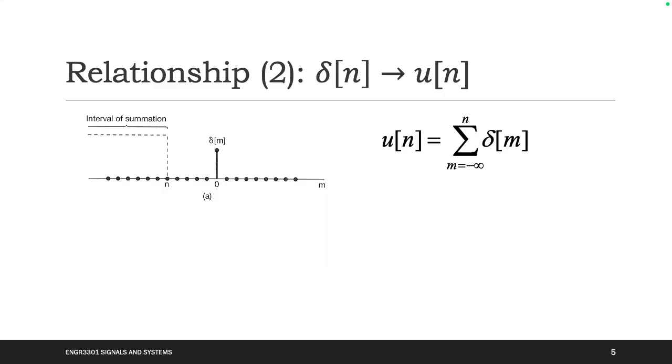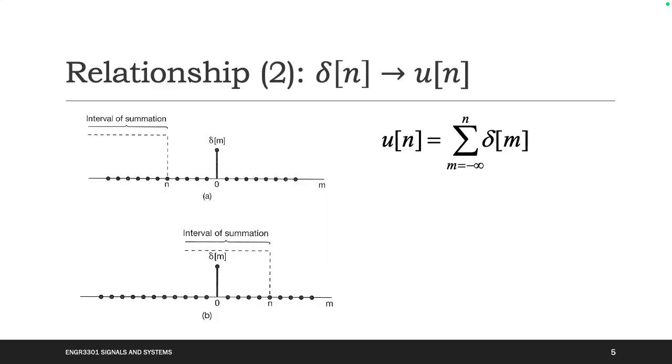So after accumulation, the value is always 1. That's the reason why you can use this equation. The other values are just 0.